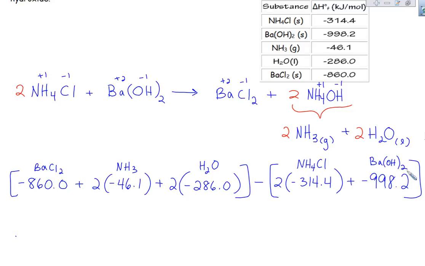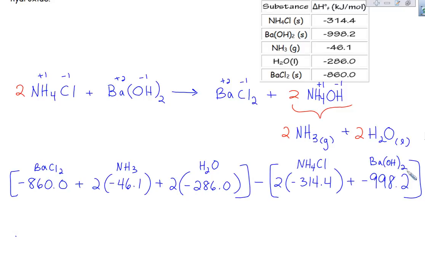They get so excited about that ammonium chloride, and they start with that, and they realize, oh dang, it was products minus reactants. Or they'll forget the coefficients from the balanced equation. In that chart, the enthalpy of formation values are kilojoules per 1 mole. In the balanced equation, we may have more than 1 mole. Or it is possible that you have half a mole, and then we could multiply by half.